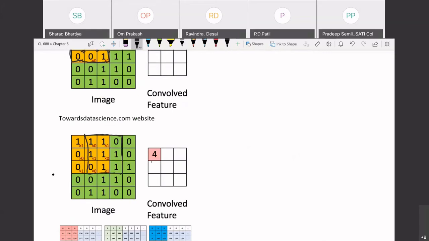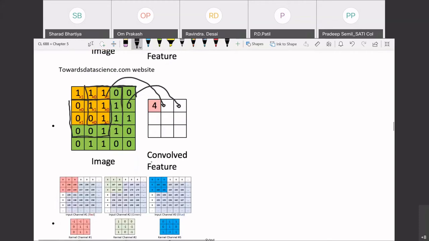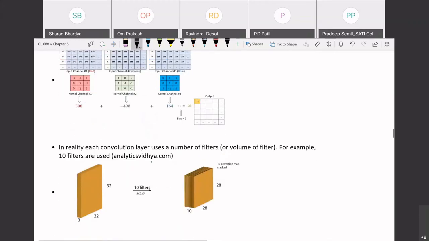Then you go one cell to the right, and so this you fill here, and then you fill this one over here again, and so on, and then come down. So this is going to be your next stride. This is known as stride length. You can also choose to go 2, or you can choose to go more. This operation is known as convolution.